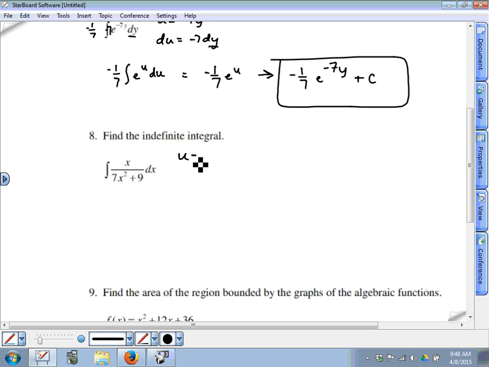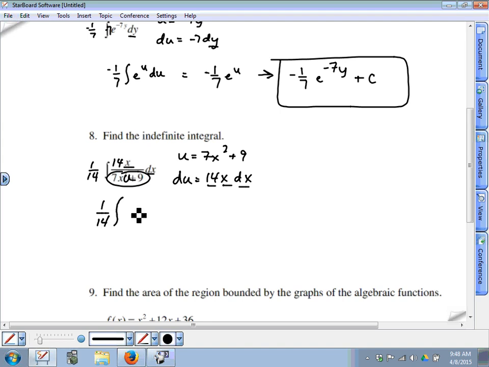Okay, if we try u substitution here, so this could be u. We got the x dx. We're missing the 14, so we can place a 14 and then multiply by 1/14. So we have 1/14 times the integral of du over u.